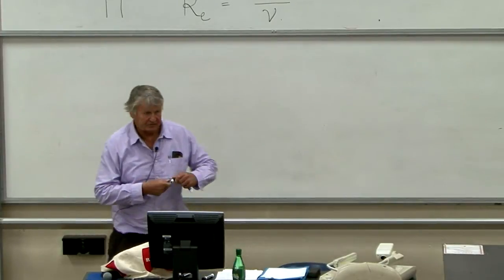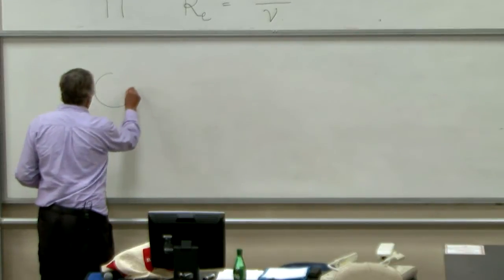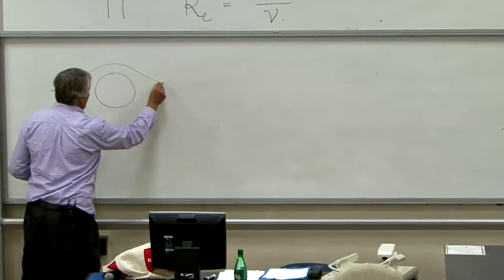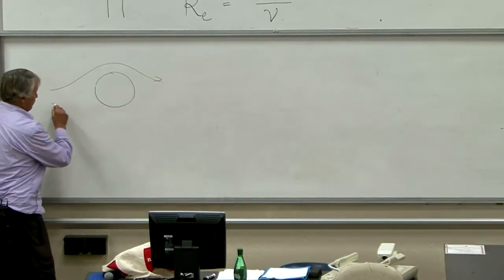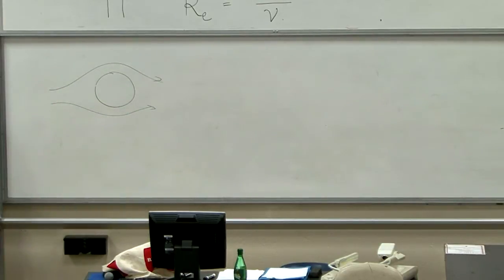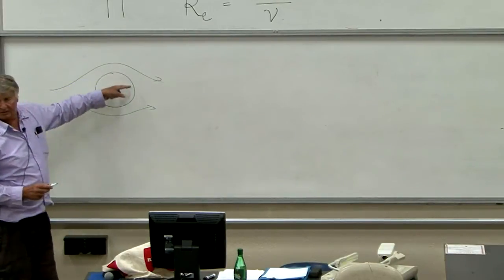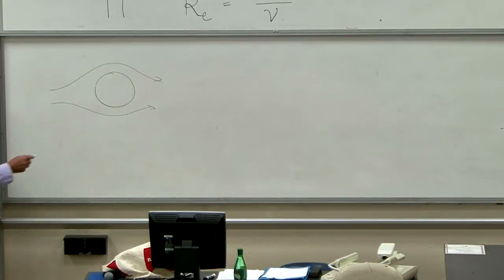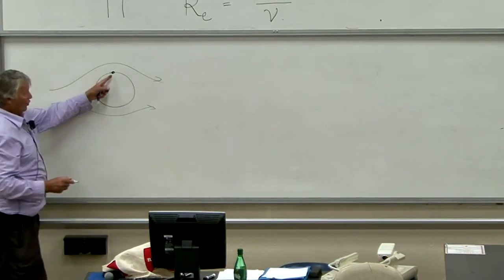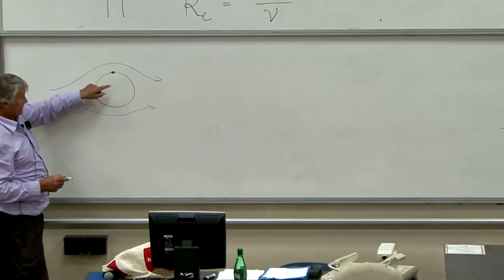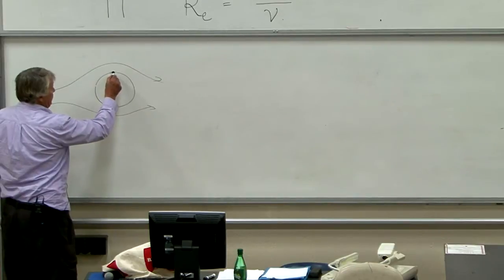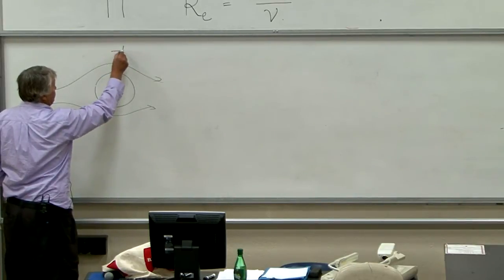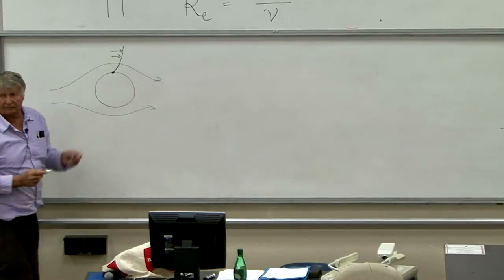The reason is as follows. If you're in very slow flow, now we'll say the flow is this way, so the thing is moving this way, or the thing is stationary and the flow is moving past it, like this. Then essentially the flow stays attached to the body. Supposing this body is stationary and I have a fluid flowing by it, the velocity has to be 0 here and going up to its final value far away.